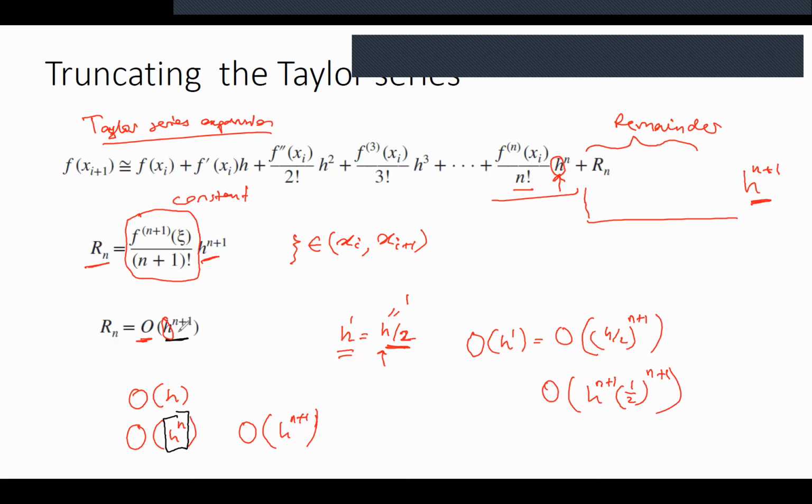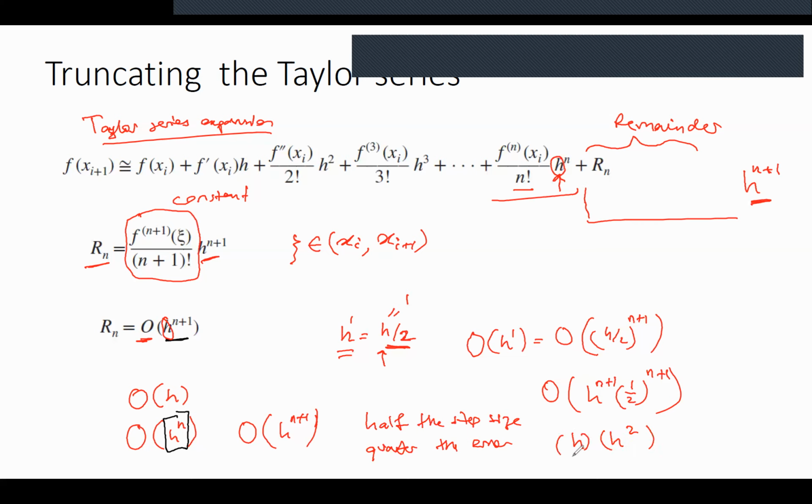When we halve the step size, we quarter the error, because it is simply h to the power 2.